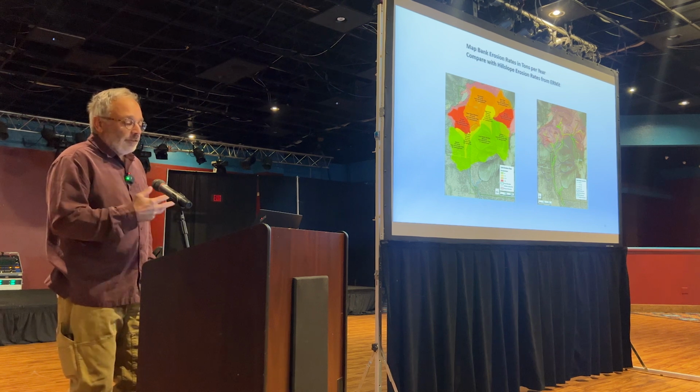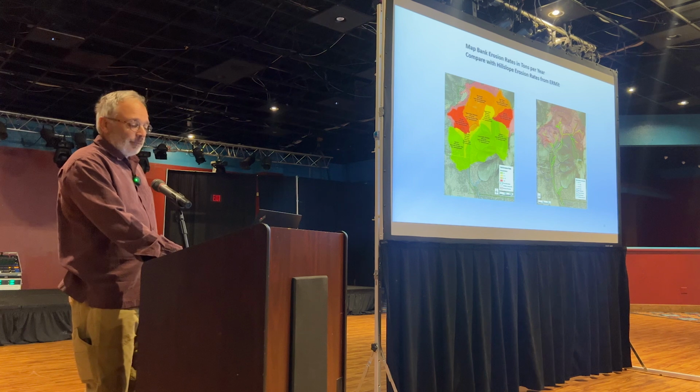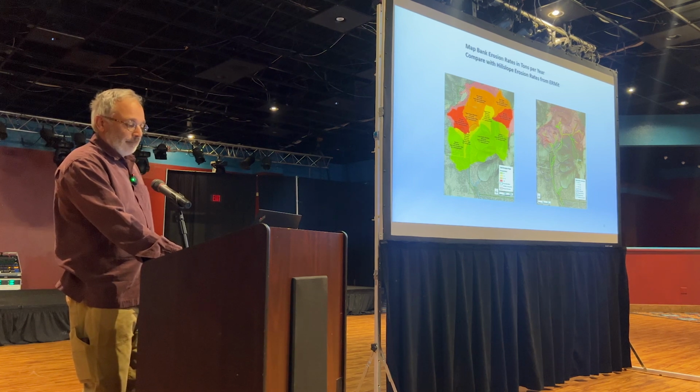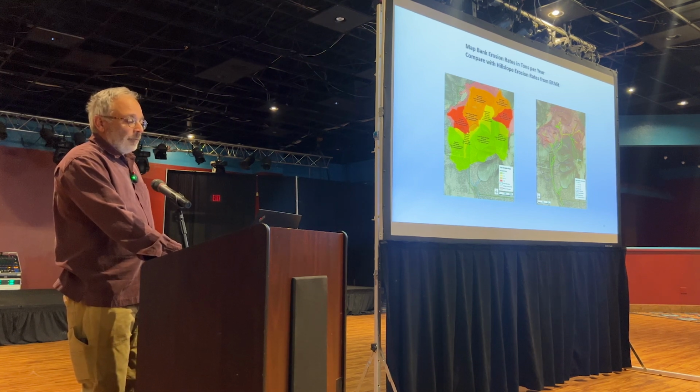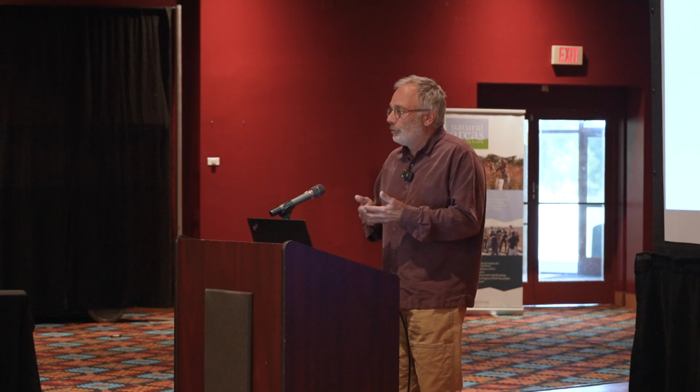And these amounts of sediment were getting delivered to the town and filling up people's yards and houses. They were a little upset. So compare all that stuff, and then you can start looking at where the sources of sediment are.